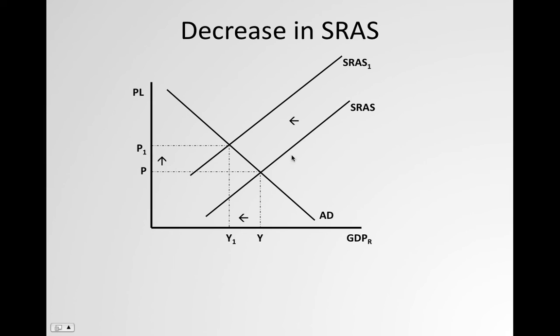So please note that these two forces of macroeconomics, AD and SRAS, work together. And so you could have SRAS shift to the left, average price level or inflation would rise, and real GDP or output would fall.